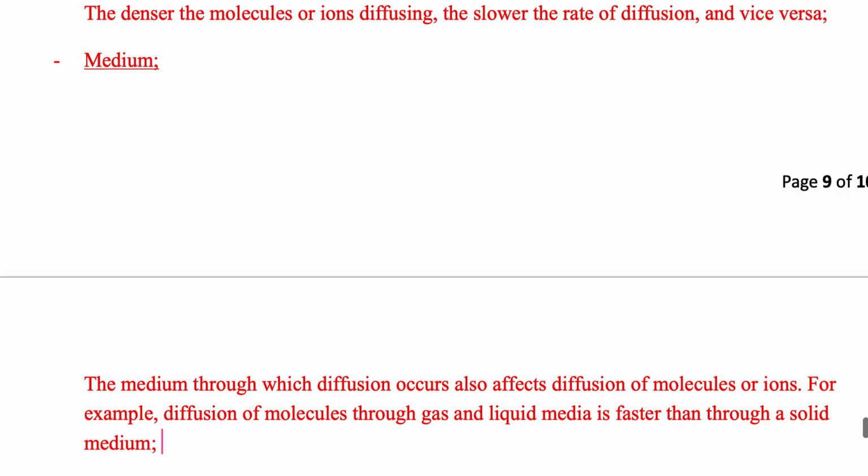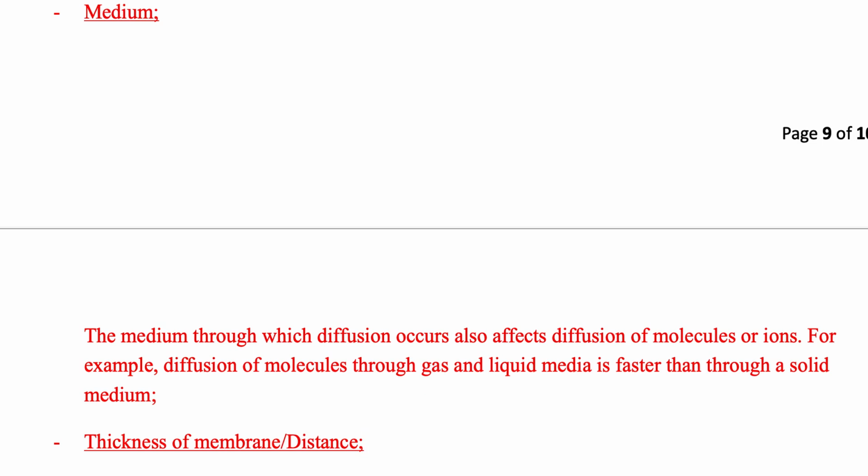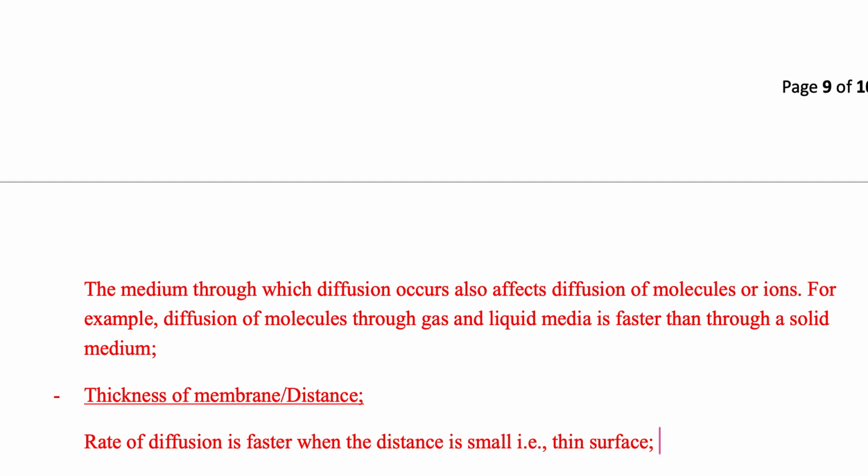Medium: the medium through which diffusion occurs also affects diffusion of molecules or ions. For example, diffusion of molecules through gas and liquid media is faster than through a solid medium. Thickness of membrane: the rate of diffusion is faster when the distance is small, or you can say when there is a thin surface.